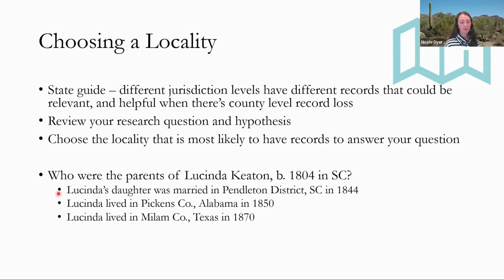I had the clue that Lucinda's daughter was married in Pendleton District, South Carolina in 1844. She lived in Pickens County, Alabama, and then Milam County, Texas. So you can kind of see her migration west. For this project, since I was focusing on her early life, I went to the earliest known location that I had for her, which was Pendleton District, South Carolina. And that is where I was able to find the answer.